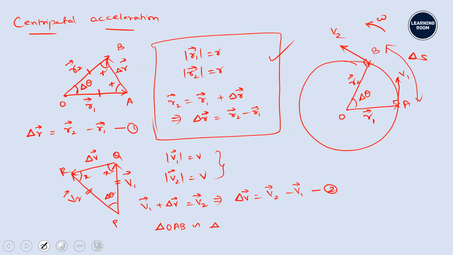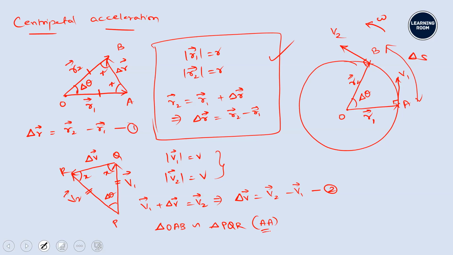The corresponding point of O is P, and for A, the OA vector is the R1 vector, so it's the PQ vector, which is the V1 vector. So PQR and OAB are similar according to the AA criteria.